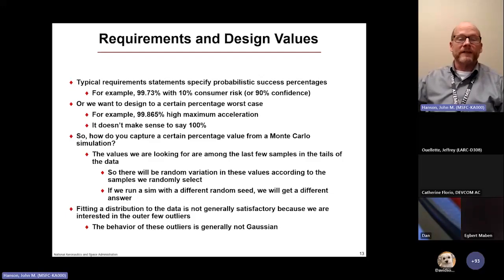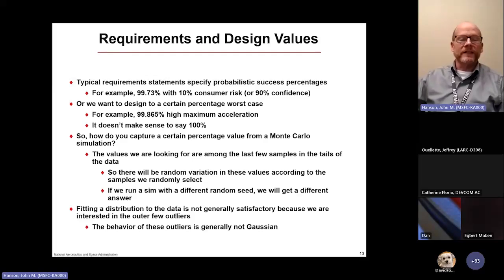The 99.73 is a typical number, and it comes from a two-sided 3 sigma number for a Gaussian distribution. Let's say you want the absolute value of some angle of attack, plus or minus, to be within a certain value; then you might use a two-sided distribution.